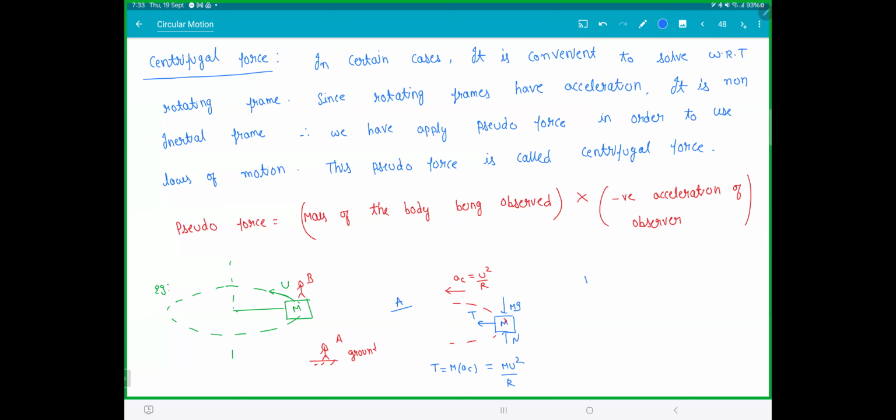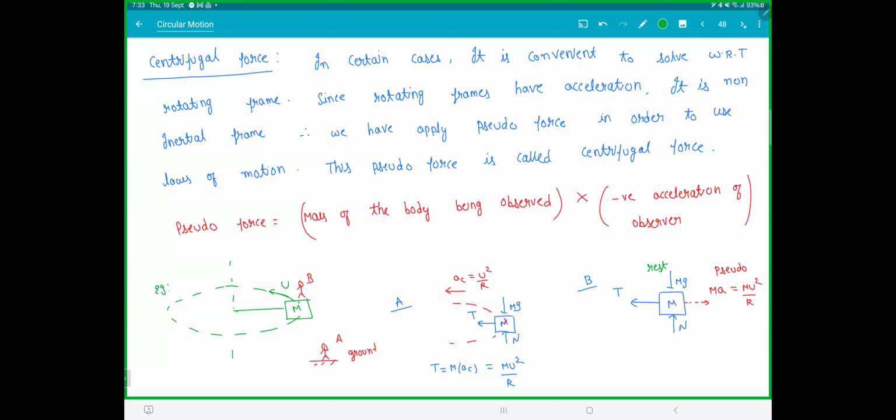But if you ask B to solve the problem, B will say there is a body, mass m, tension, normal reaction, mg. Since I'm standing in a non-inertial frame, I'm accelerating, I have to apply a pseudo force, which is m into a, the pseudo force, which is m u square by r. And since I'm standing on B, I will think this is at rest, isn't it?